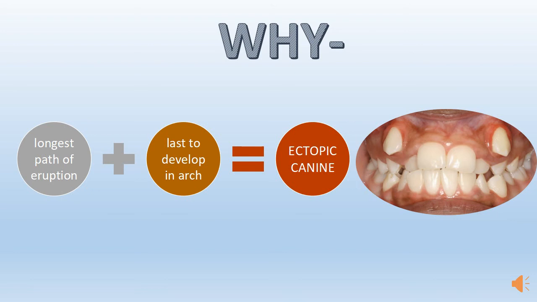So before its eruption, basically the entire space has been utilized by all the other teeth. So these two factors contribute to the canine erupting ectopically, that means erupting somewhere else. As you can see in the picture, can you see it is erupting somewhere inside the gums? So these two are basically the reasons for the canine to ectopically erupt.